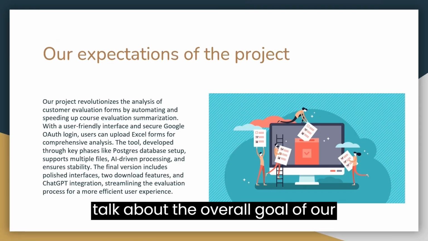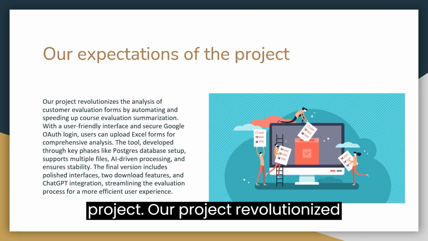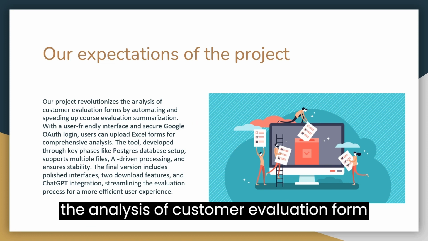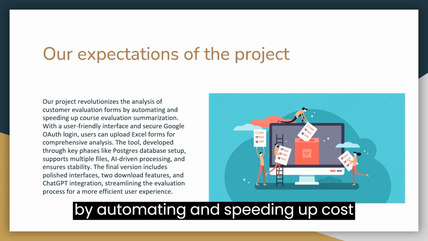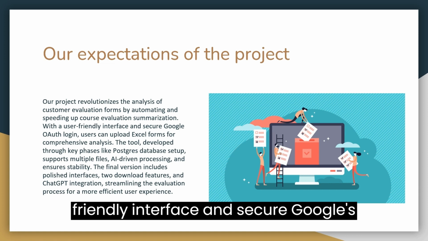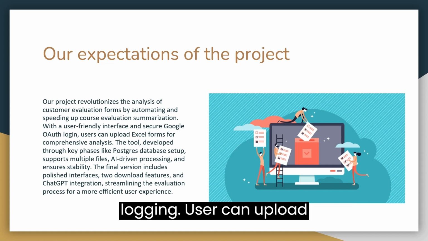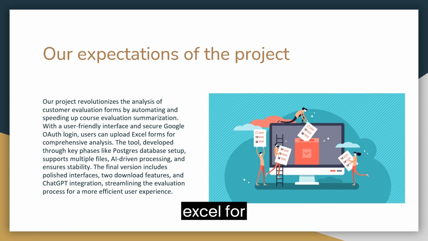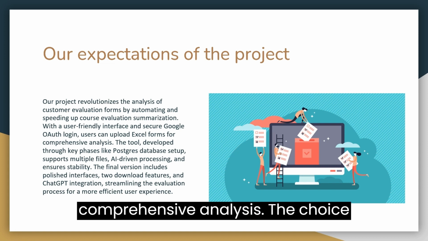Let's talk about the overall goal of our project. Our project revolutionized the analysis of course evaluation forms by automating and speeding up course evaluation summarization. With a user-friendly interface and secure Google Auth login, users can upload the Excel form for comprehensive analysis.